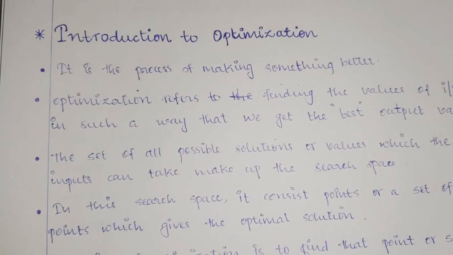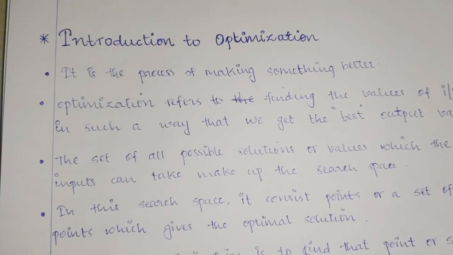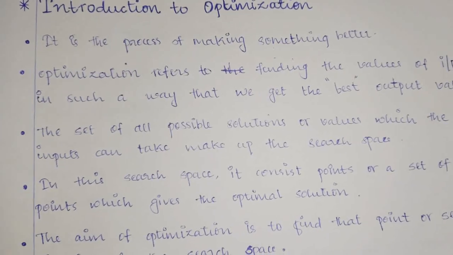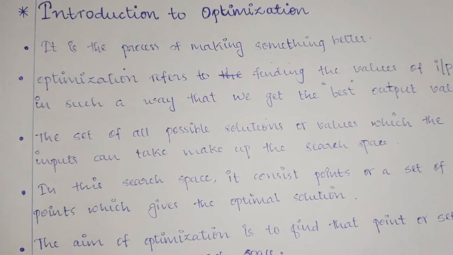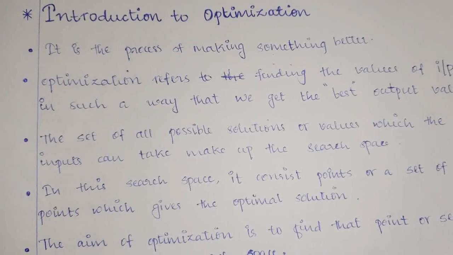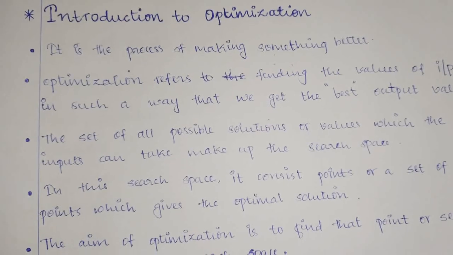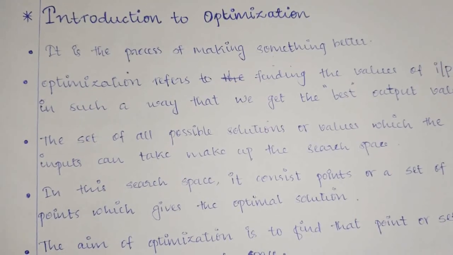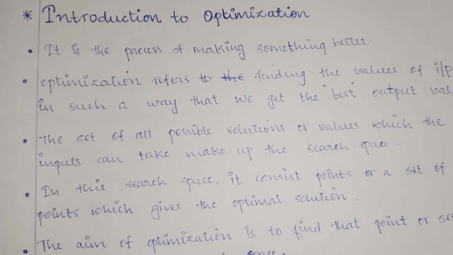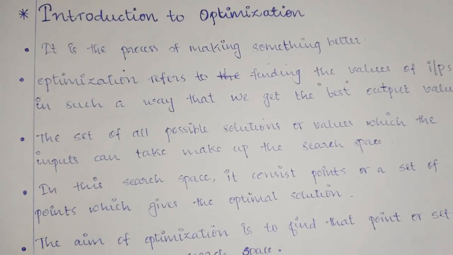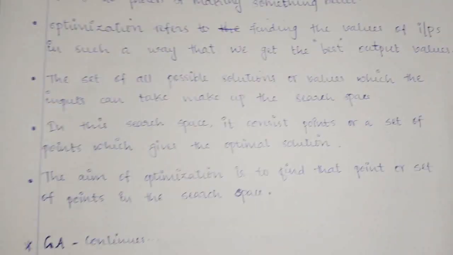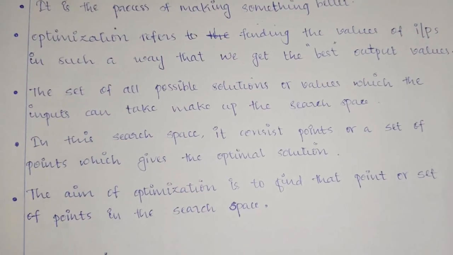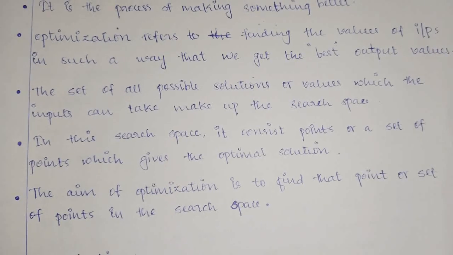Another important concept related to optimization is search space. Search space is a space or an area which constitutes some solutions, some values. These values can be a set of possible solutions or values which the inputs can take. In this search space, there is a point or a set of points which gives the optimal solution.